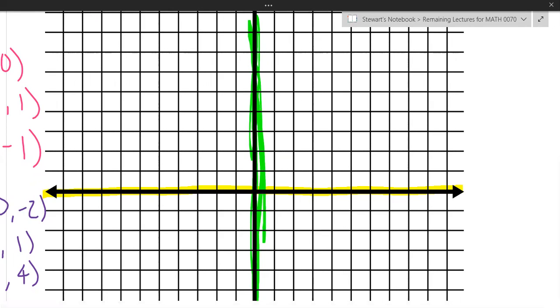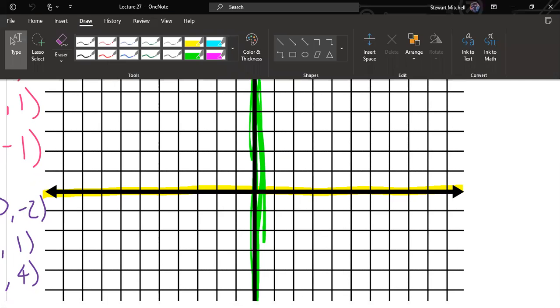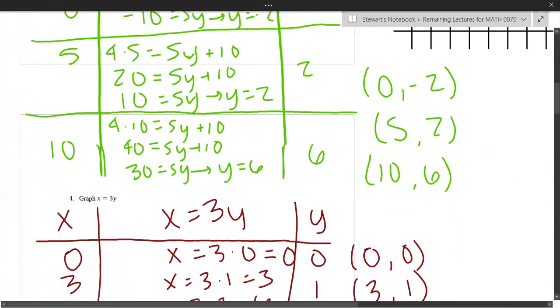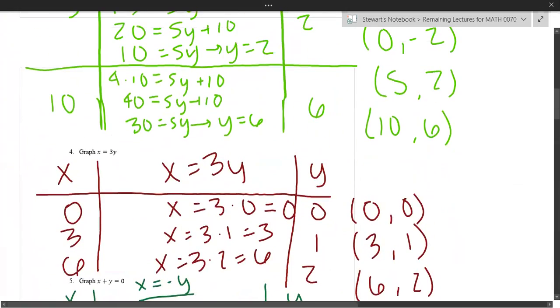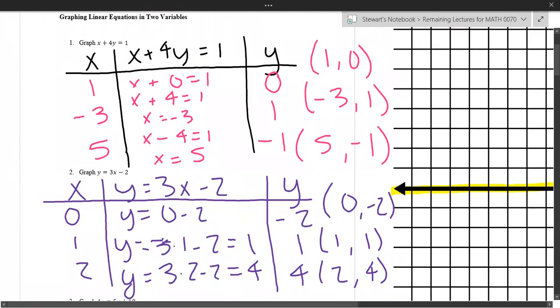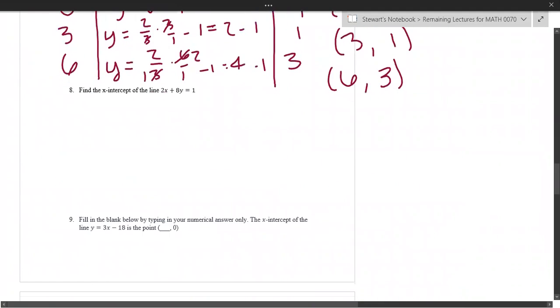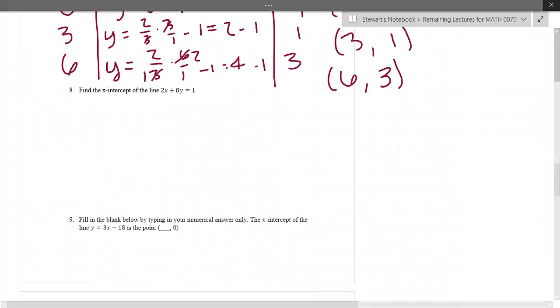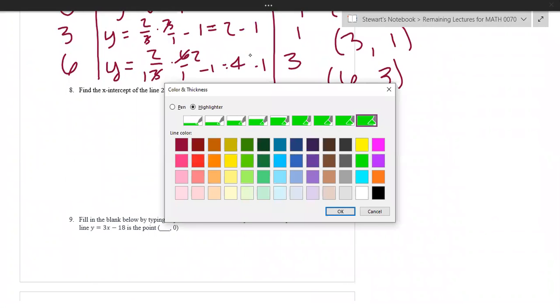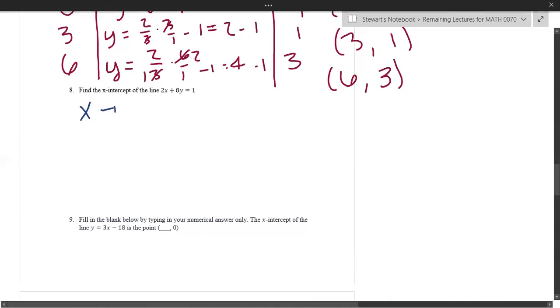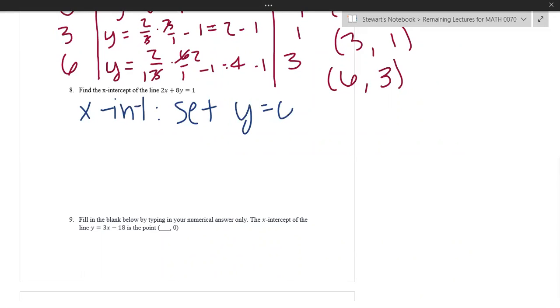To find the x-intercept, we found it both times when y was equal to 0. So in order to find the x-intercept now, we're going to set y equal to 0.